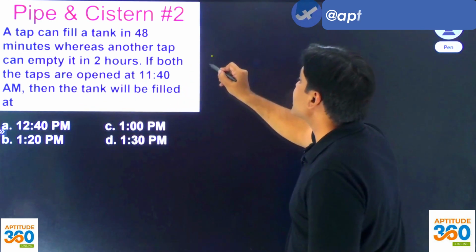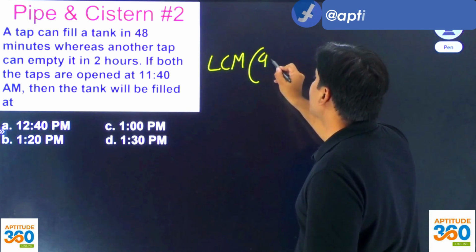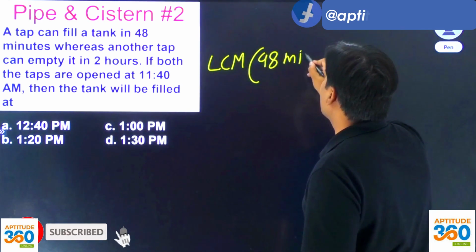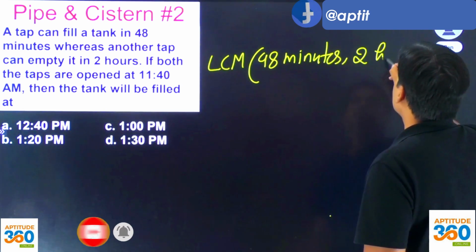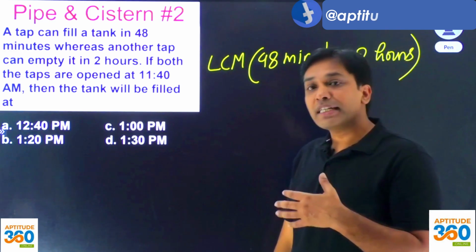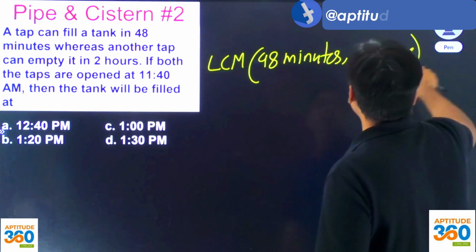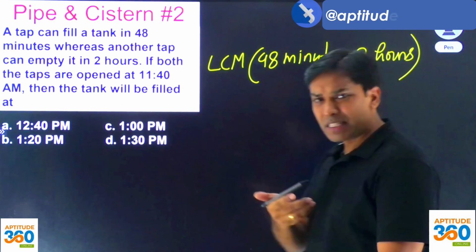So step number 1, we should be taking the LCM of 48 minutes and 2 hours. What if I take 48 minutes in hours? How do we convert 48 minutes into hours? It's pretty simple, right?